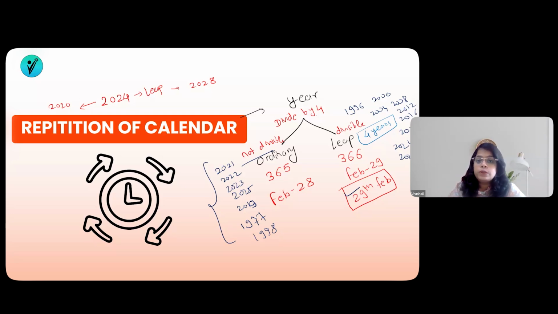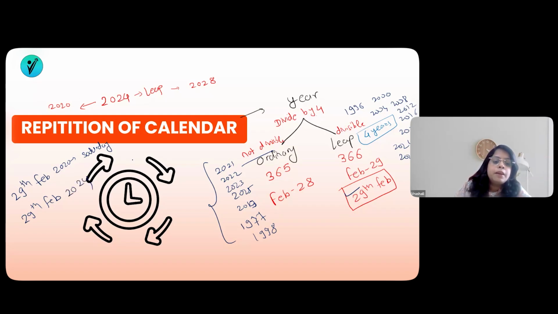Now we have to check exactly when this calendar will repeat. Suppose 29th of Feb 2020 was a Saturday. In 2021 there is only 28 Feb, in 2022 it was 28 Feb, in 2023 it was 28 Feb, and then in 2024 the 29th of Feb comes again.